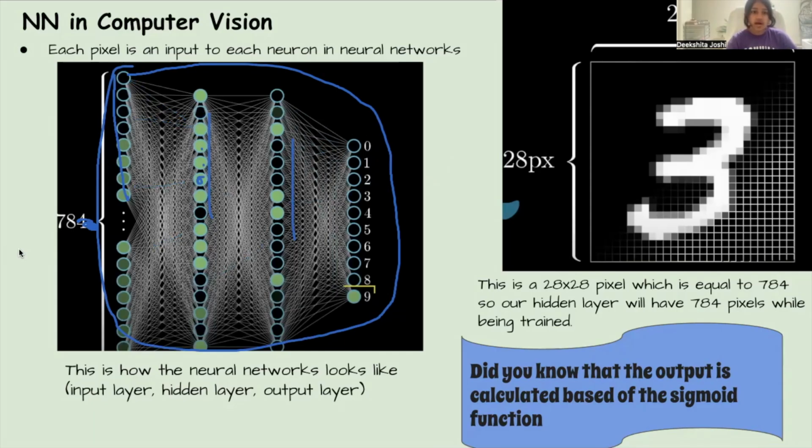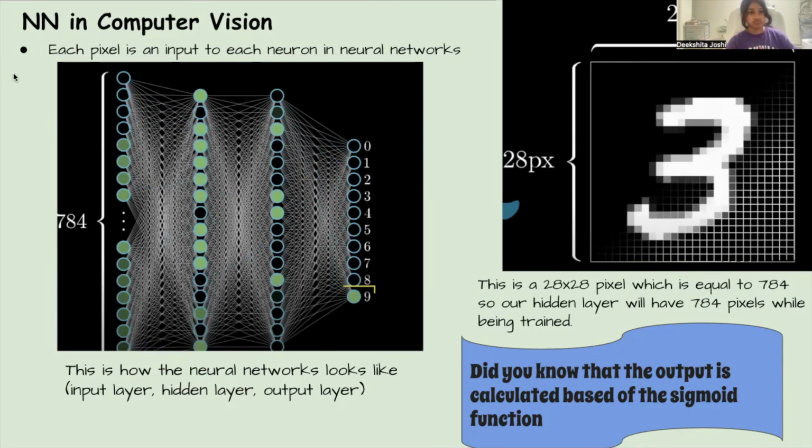When I'm looking at the sizes of the pixels, that means the size of the input layer of the neural network would be both of those sides multiplied. In this case, we have 28 pixels and another 28 pixels, right?